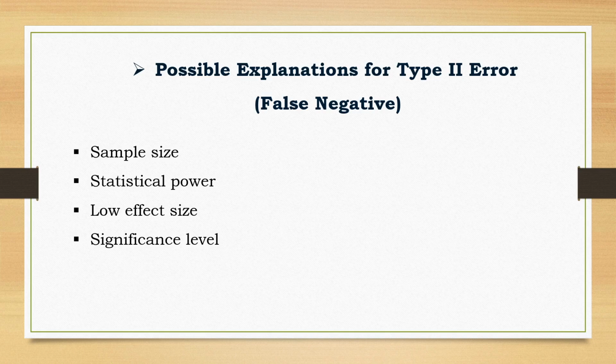Which means that if you want to reduce type 2 error, you are sacrificing on type 1 error, which means you reduce type 2 error and then you will increase type 1 error. Reducing type 1 error will give an opportunity for you to increase type 2 error.